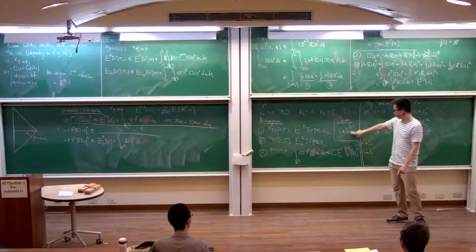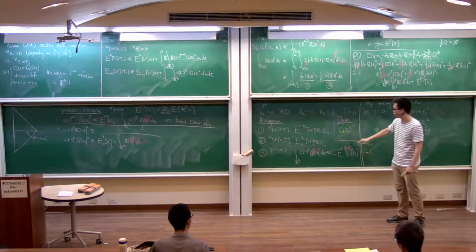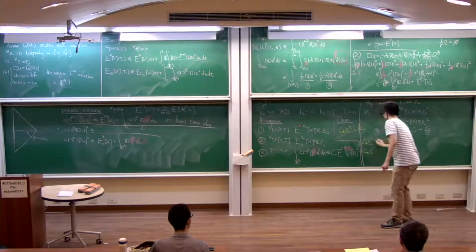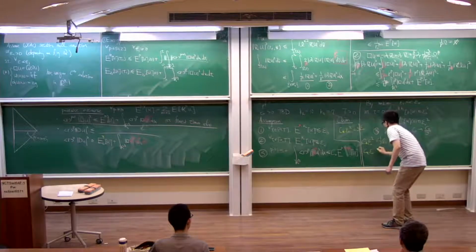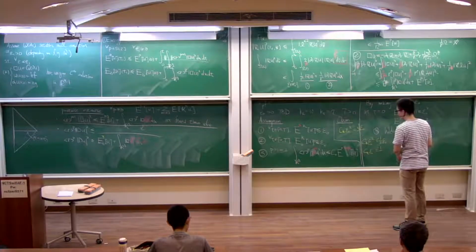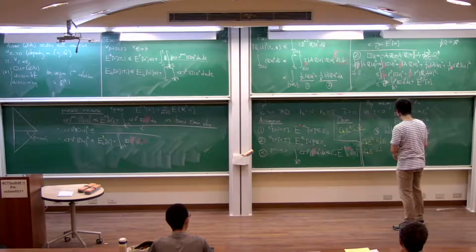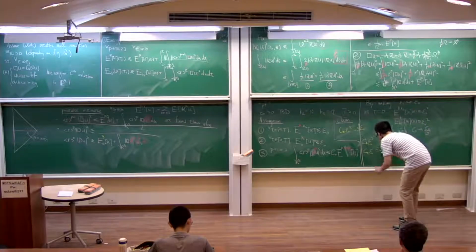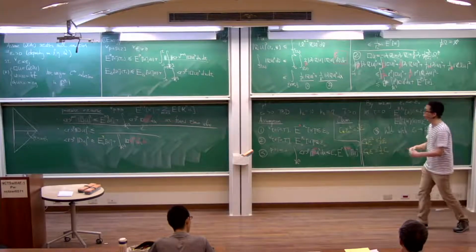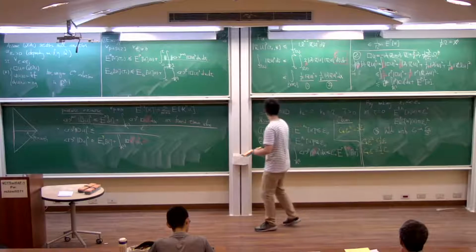Then one chooses epsilon naught to be very tiny, such that this is less than a half C naught. And one can continue the solution from it. Then one has the long time existence.